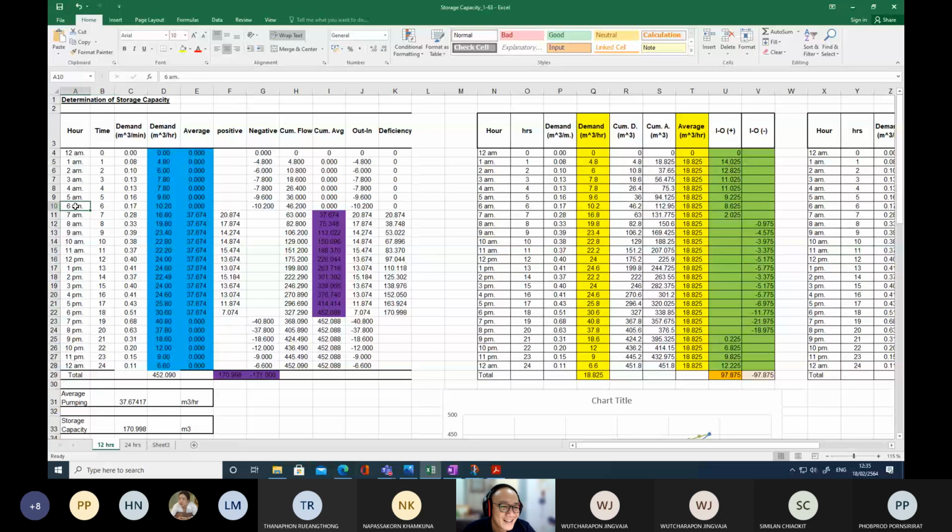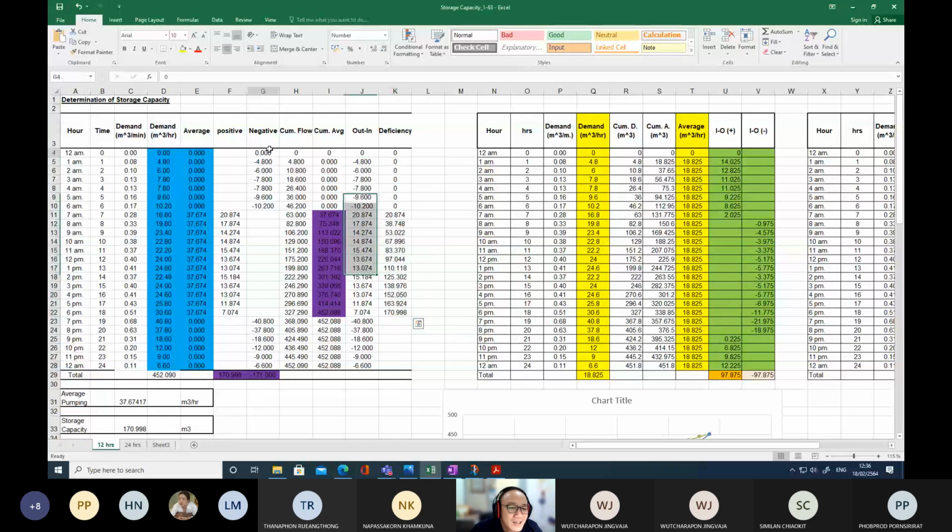Now for the average pumping, the pumps are operated for 12 hours only, starting from 6 a.m. in the morning. So for the average flow at the end of 7 o'clock, here is the average flow. The same procedure, you compare the outflows and inflows. Some you will get the negative value, and some the positive value.